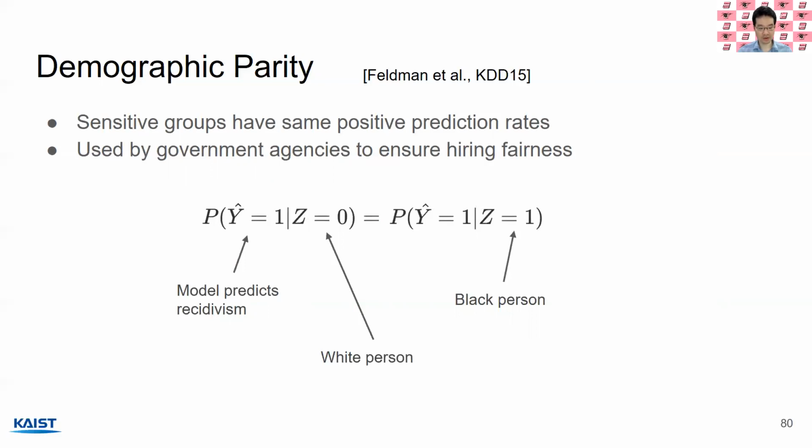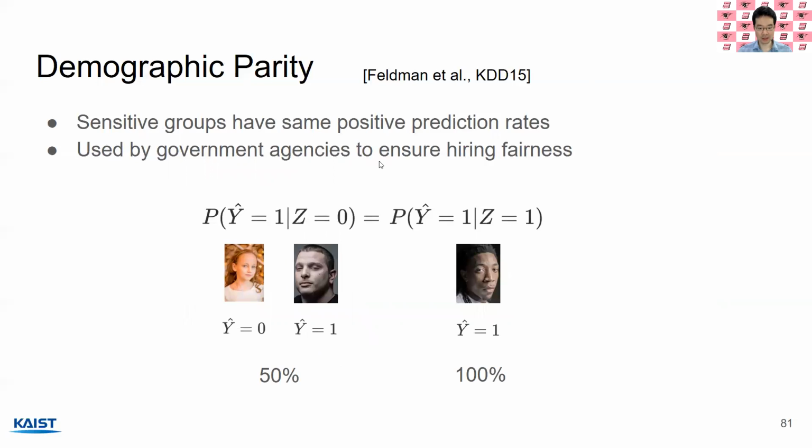Demographic parity says that the probability of the prediction being 1 must be the same for these two groups. This definition is not applicable to all cases, but it is used by government agencies to ensure hiring fairness, for example. So let's see how this works for our data.